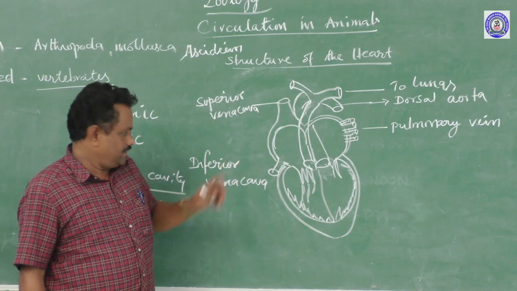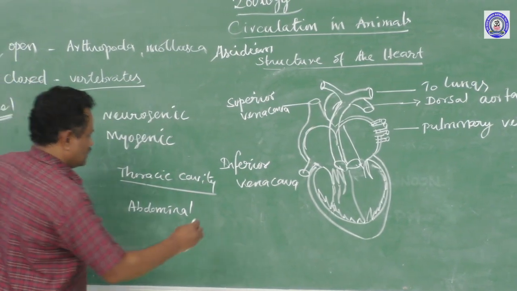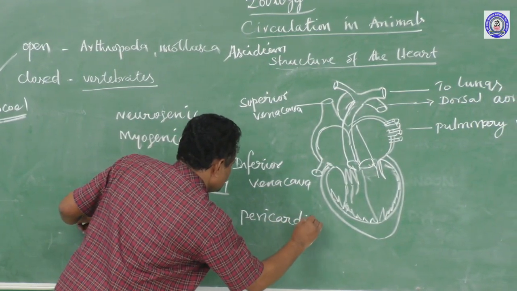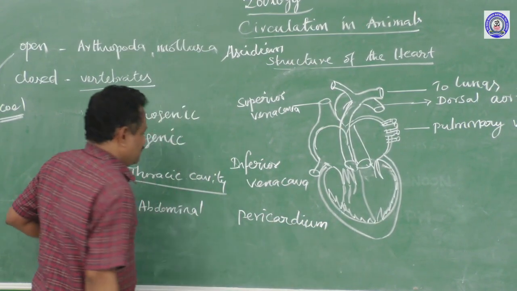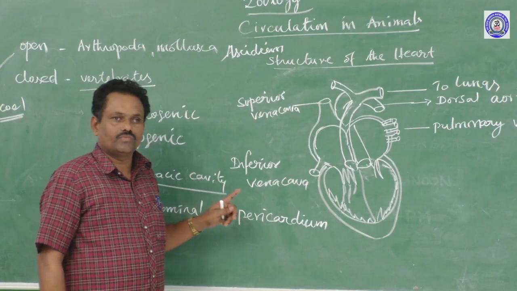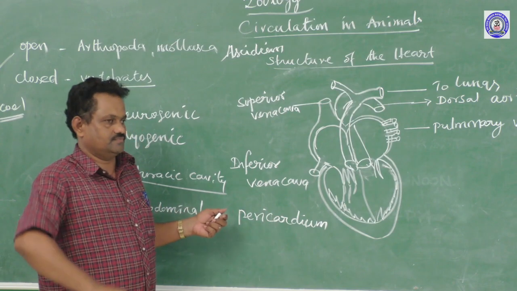The heart is covered by a double membrane structure called the pericardium. Between the pericardial membranes there is a fluid called pericardial fluid. The pericardial fluid has two functions.